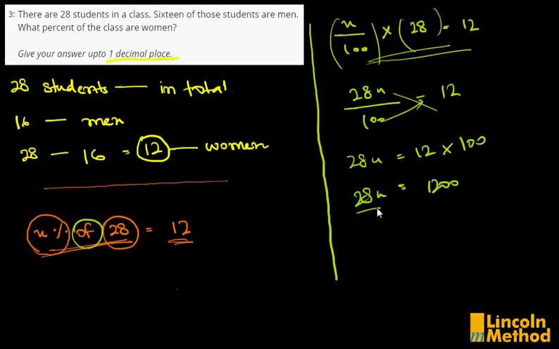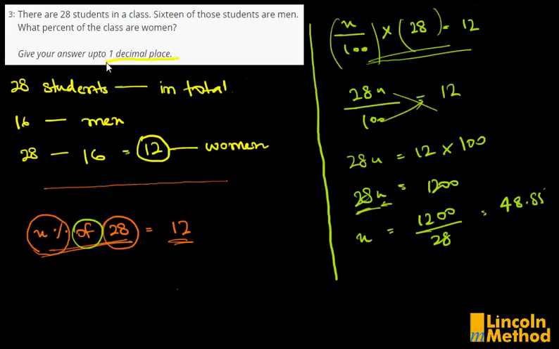And since both of these, this variable and this number, are being multiplied, if I shift 28 to the other side of the equals sign, 1200 will be divided by 28. So what we would get is x equals 1200 over 28, and what that gives us is 48.85.